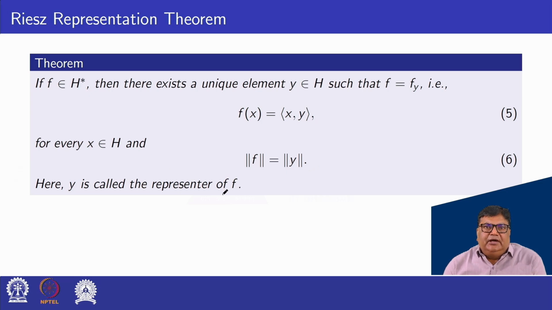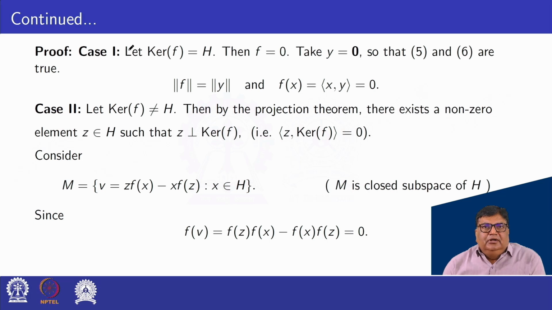Here y is called the representative of f. Proof. Case first, let kernel f be equal to H, then f is equal to 0. Take y equal to 0 so that 5 and 6 are true. Norm f is equal to norm y and fx is equal to the inner product of x, y equal to 0.